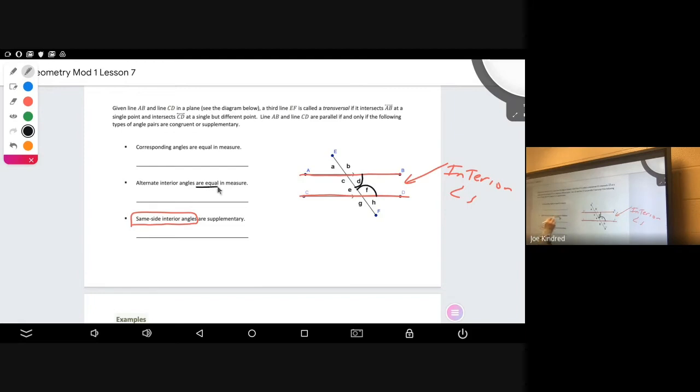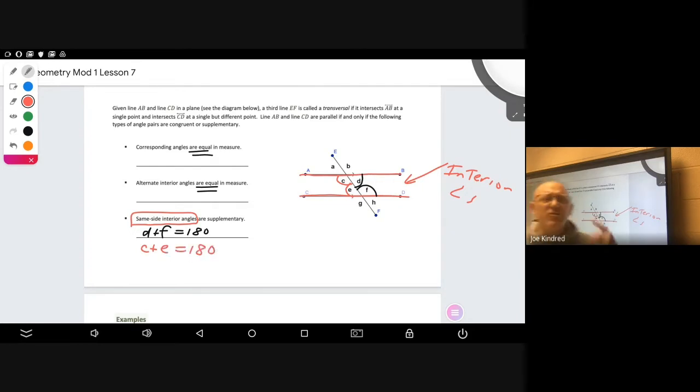Now, whereas the previous ones were equal, these D plus F equals 180. And so also, by definition, interior angles, same side, C and E. C plus E is equal to 180.